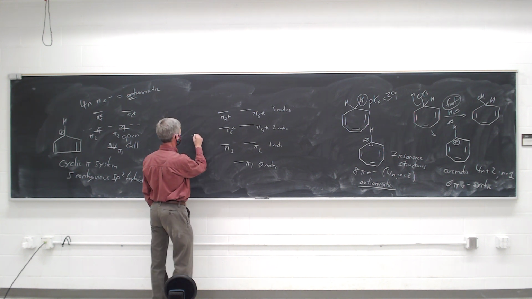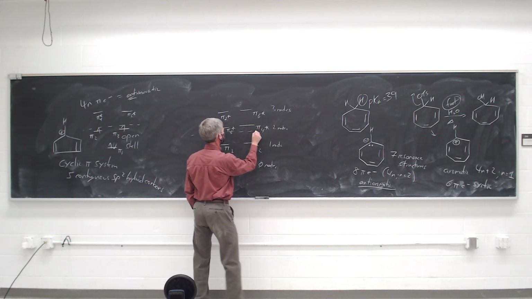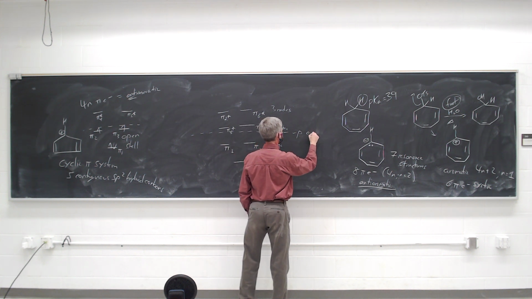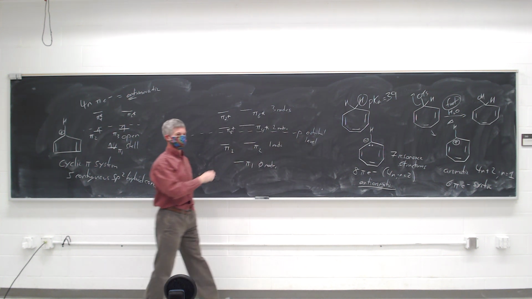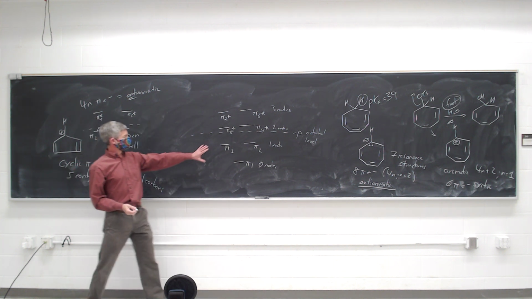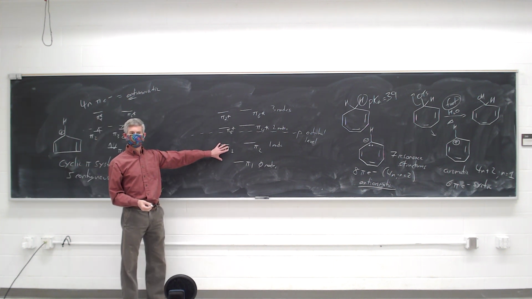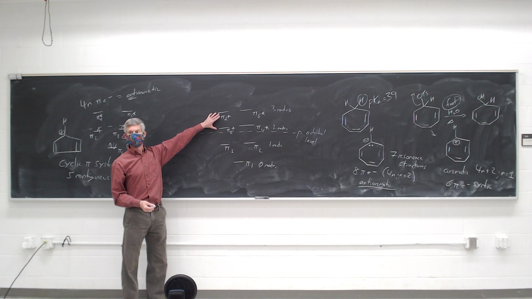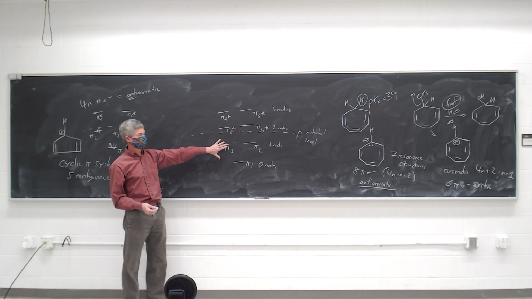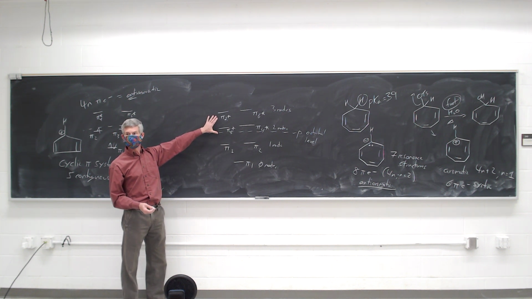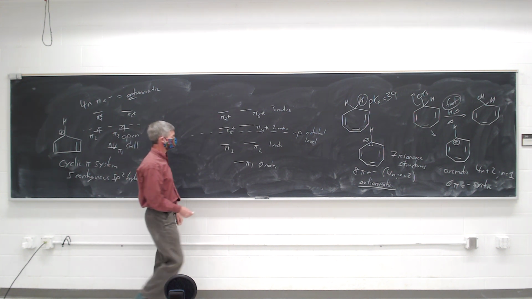Because there are more antibonding orbitals, the p orbital level has to be closer to the antibonding. Why? Because the sum of these 3 energies has to equal the sum of those 4 energies. Because the sum of the 7 energy levels altogether has got to be equal to the sum of the 7 p orbitals it came from.